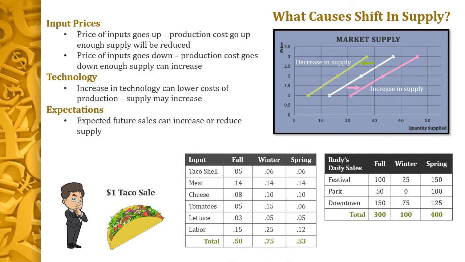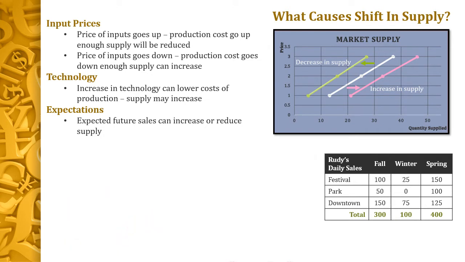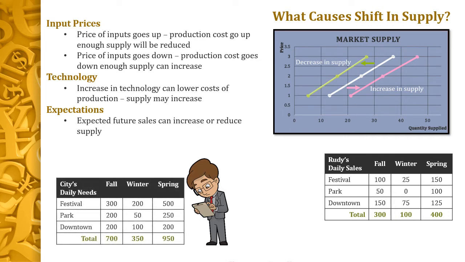Well, now this is all fine and dandy, and we really kind of like this, but the city manager has been looking at the big picture. And what he did is he figured out how much the city was going to need. So his expectations of what the future needs of the city are. And this is more of a macro viewpoint, you might say, of taco demand. And one of the things he notices right away is that while Rudy is kind of a big deal with tacos in town, he's not going to be able to supply all the tacos that are needed for the town.